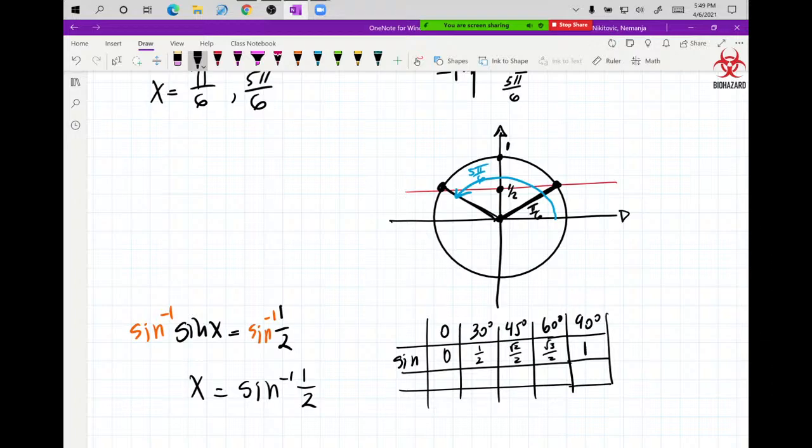To read inverse sine from this chart, here is the sine, here is a half, so the angle is 30, because sine of 30 degrees is 1/2, inverse sine of 1/2 is 30 degrees. It's the same numbers, it's just which way do you read the numbers.